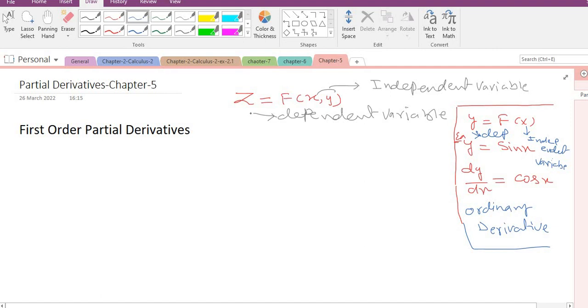Now see, z is equal to f of x y, that means z is the dependent variable and x y are independent variables.